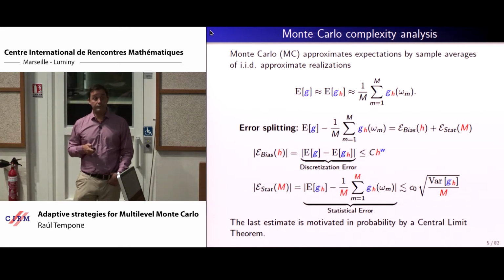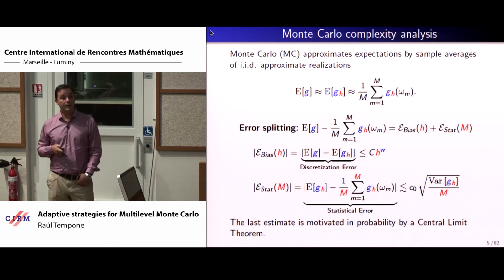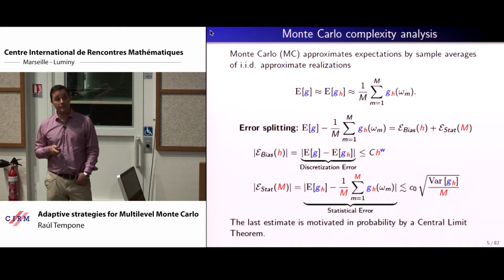We only need to control its variance, right? And that is motivated by the central limit theorem. Properly scaled, this will be approximated by a normal distributed random variable, and this allows us to write the constraint of having this error smaller than a certain quantity in probability, as a constraint in the variance.